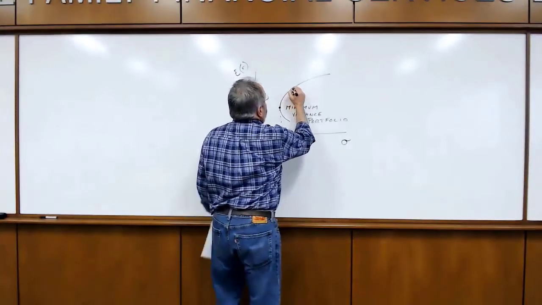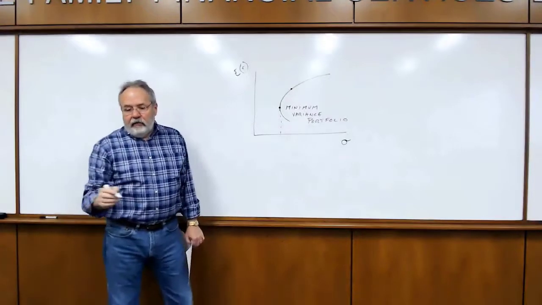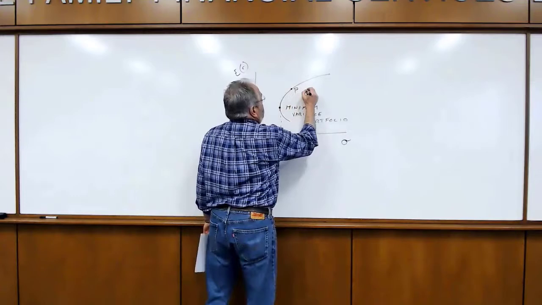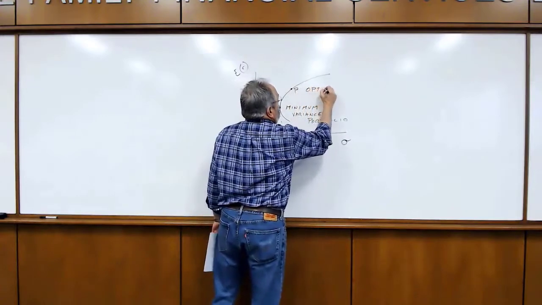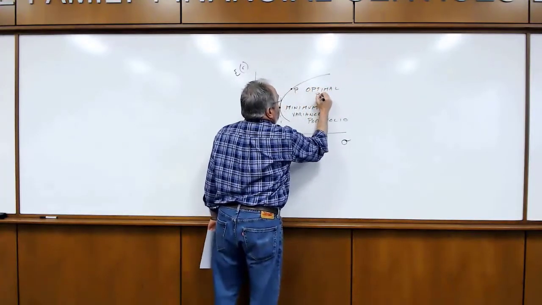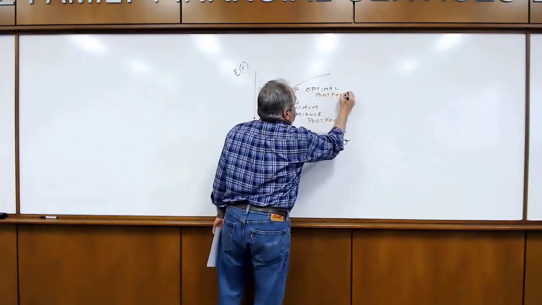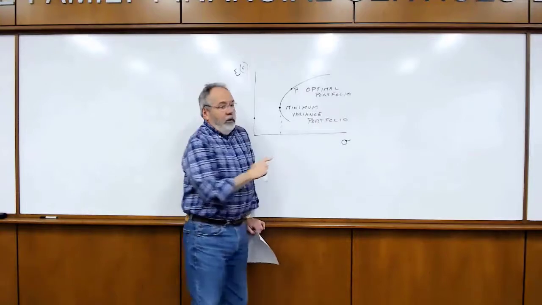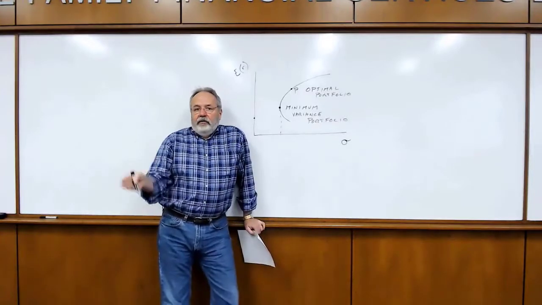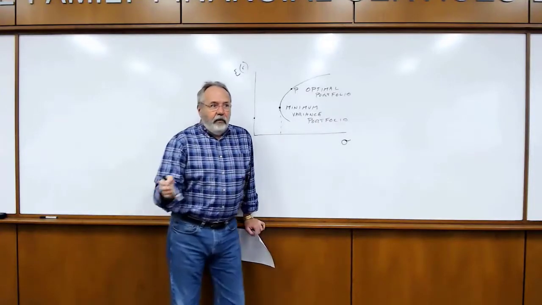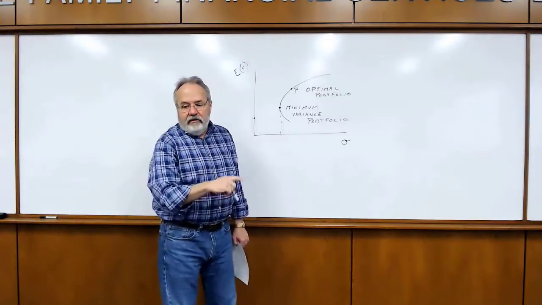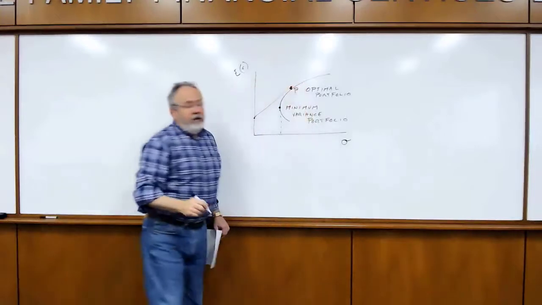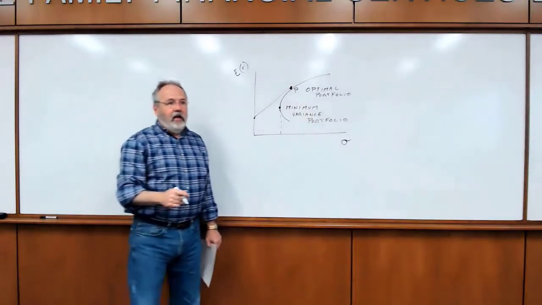And then we decided that there would be a portfolio that was optimal, right? In other words, it would be on the efficient frontier of portfolios, but it's better than the minimum variance. And that's a line tangent to the capital allocation line.